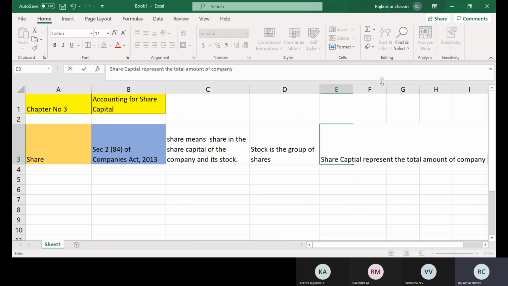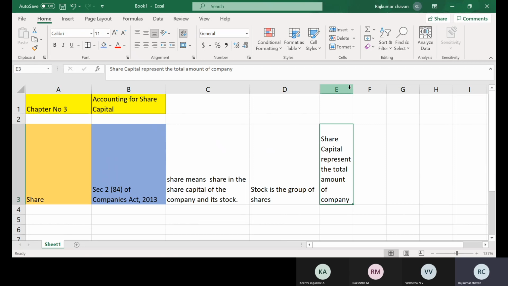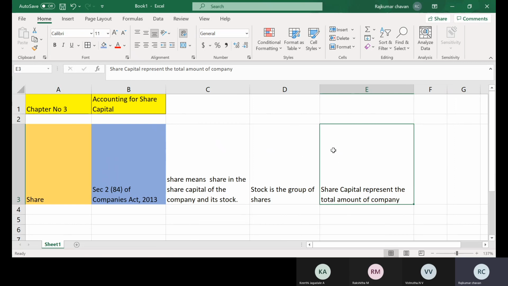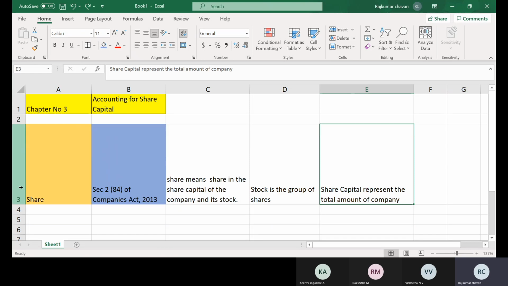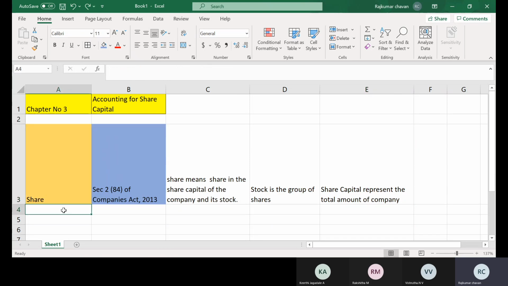That is nothing but share capital basically. So you should be very clear when you say share capital and when you say stock. Those things are very different in terms of the company's perspective, right? So this is what we discuss over here. Now let us discuss further. Understood till here?